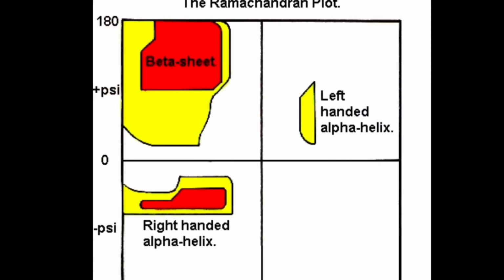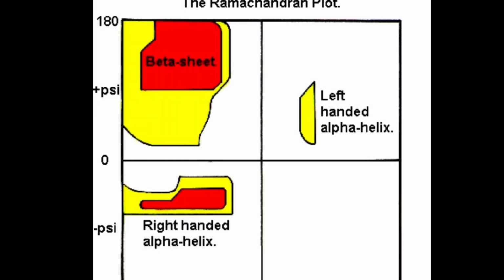So let's get started with the Ramachandran plot. Please remember that there are three basic regions. The first is called the white region, the second is the red region, and the third is the yellow region. The white region is disallowed for the amino acids.